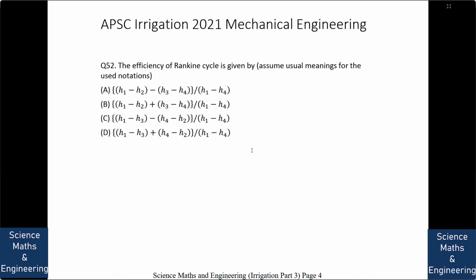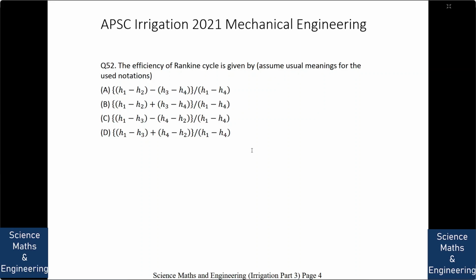The efficiency of Rankine cycle is given by, where H1, H2, H3, H4 have their usual meanings. A, (H1 minus H2 minus H3 minus H4) divided by (H1 minus H4). B, (H1 minus H2 plus H3 minus H4) divided by (H1 minus H4).